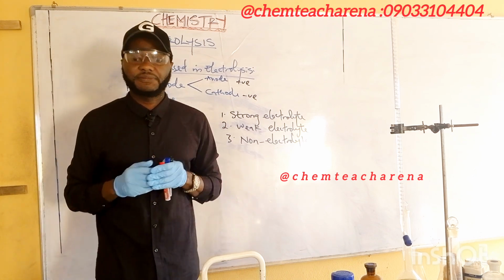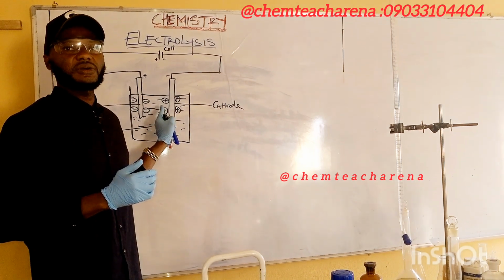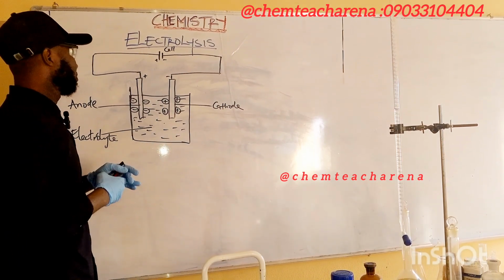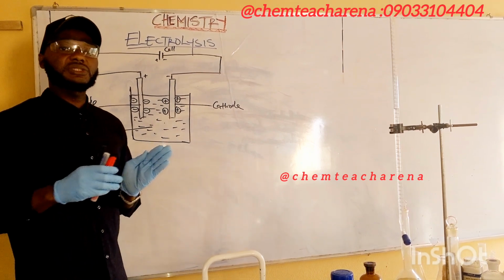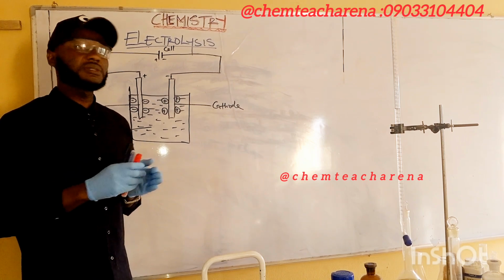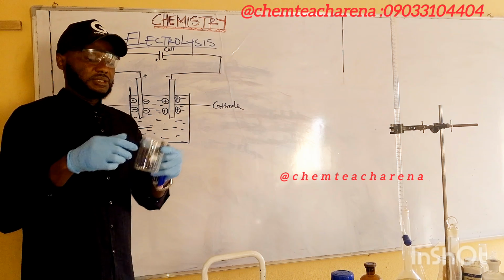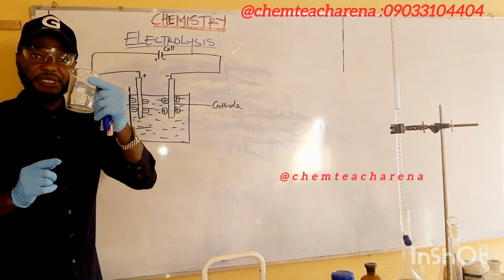This is a simple diagram of an electrolytic cell. So we have the electrolyte. Like I said earlier, an electrolyte is a solution that conducts electricity. So for example, this container serves as my beaker.